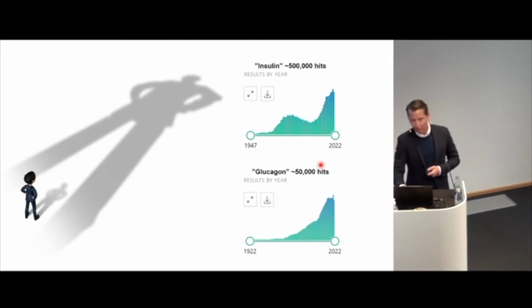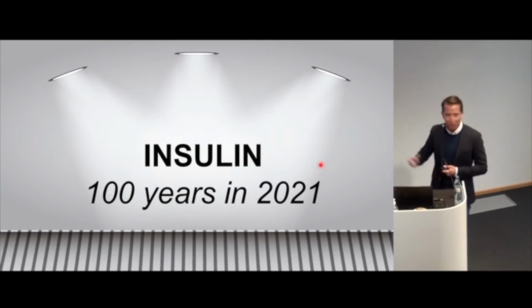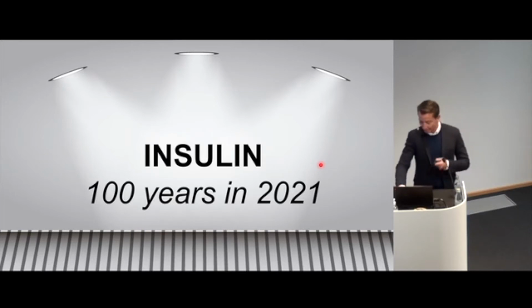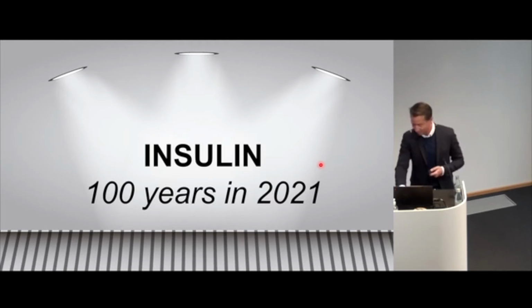Also, insulin was discovered 100 years ago last year, and there were many celebrations around the world celebrating insulin as a molecule and as a savior of many patients around the world. At least I have not been invited to any glucagon 100-year anniversaries except for this one, and I've not heard of others.